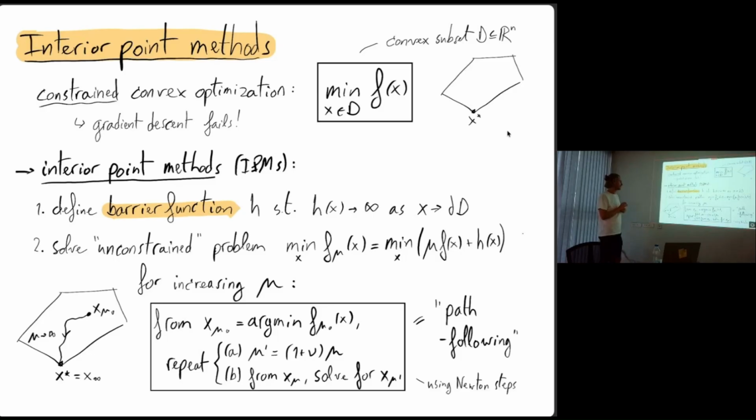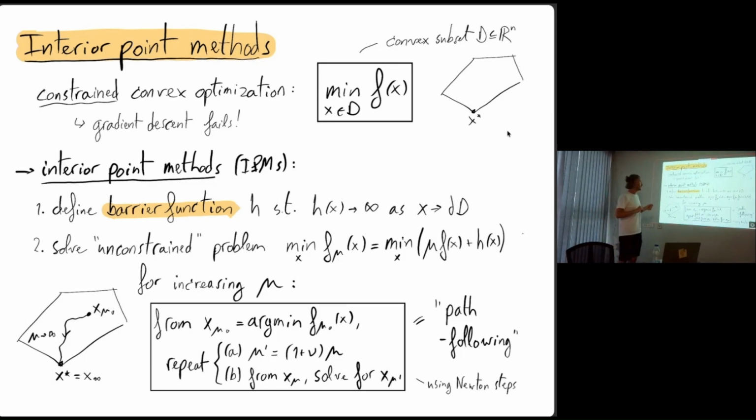If we call this function f mu of x, and we look at its minimizer x mu, then if mu is 0, it will just be the minimizer of our barrier. You can think about it as being a central point inside the region.